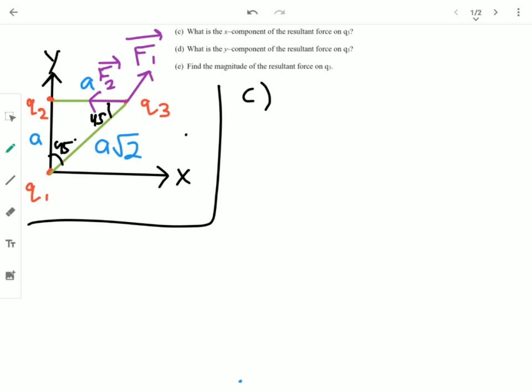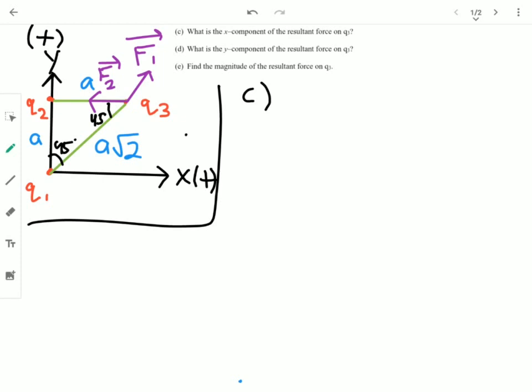So with that in mind, let's define our positives and negatives. This direction is positive for X and the up direction is positive for Y. Now F2 is fine with the X axis, but F1 we have to resolve it. Now I've given some angle measures. Since both A and A are congruent, it's a 90 degree angle.